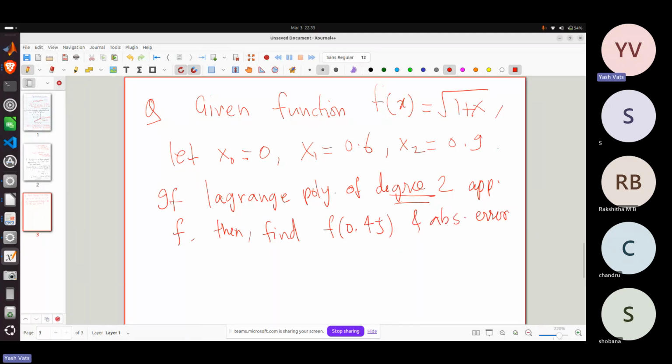Just try this one. You know what absolute error is, so I'm not going to tell you again. Just try this question first and then we will see. Okay, just try this.